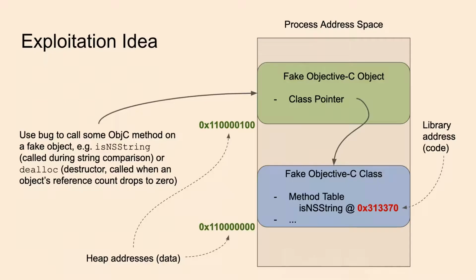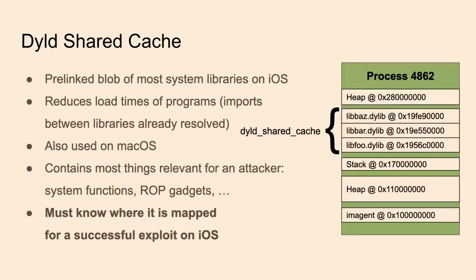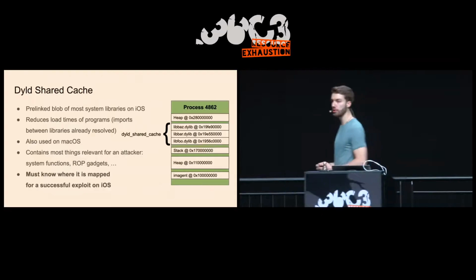Okay, so the heap addresses, we have them. We need the library addresses. Let's go back to the virtual memory space. On iOS and also on macOS, the libraries, so maybe in this case those 3 libraries, but in reality it's like hundreds of system libraries, are all pre-linked into one gigantic binary blob, which is called the DYLD shared cache.